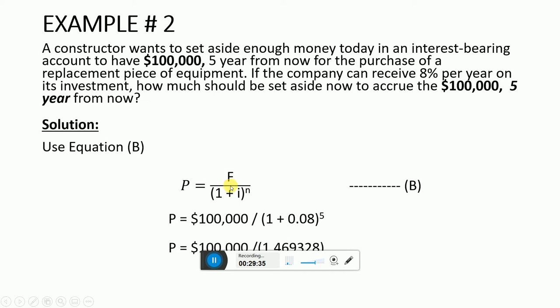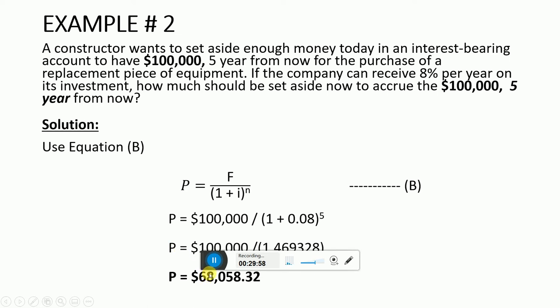So 100,000, F, divided by (1 plus 0.08, 8%) to the power 5, this N. So we have to calculate this. When we add this and put the power, we get 1.4693. So we have to divide 100,000 by it.